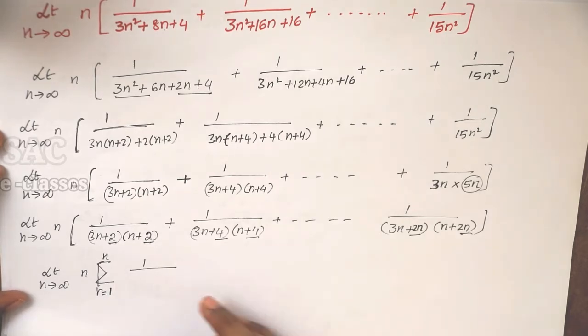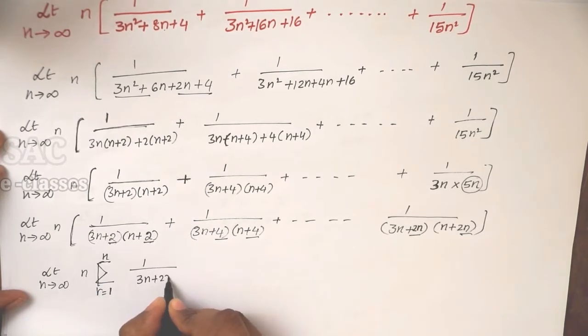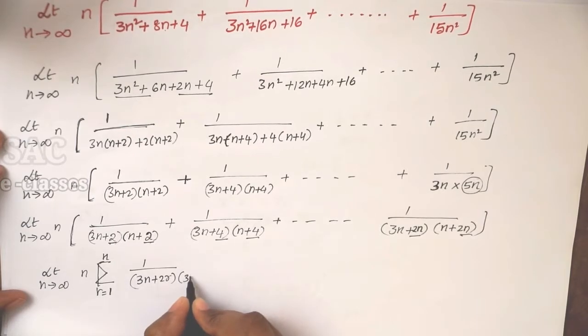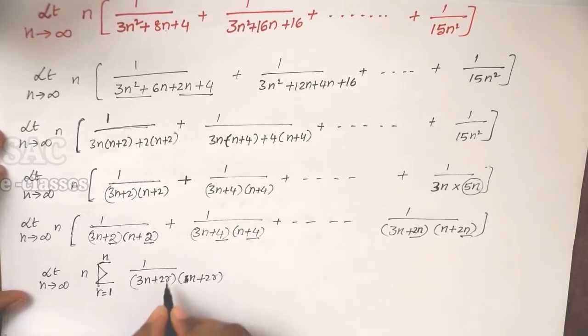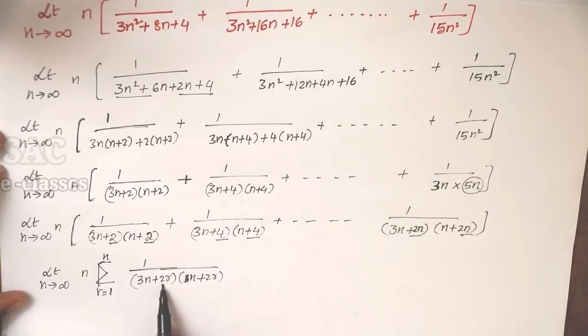Next one is 4, next one is 6. No, the summation index will be consecutive. That is why r equal to 1 to n, with 3n plus 2r into n plus 2r. In that way we have to write. That is why I have taken r equal to 1, because it is an even number, and an even number can be expressed as 2r.